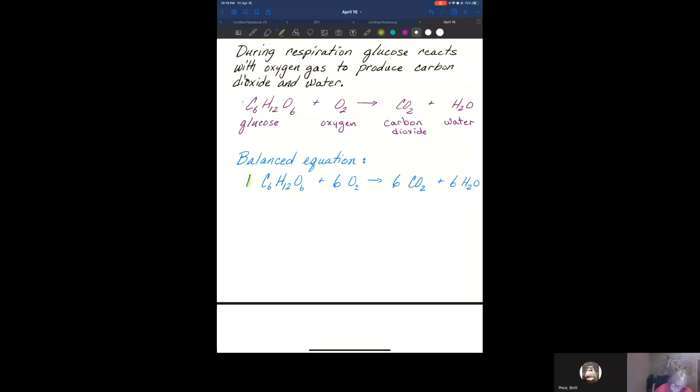Numbers out front, 1 to 6 to 6 and the 6. Those are the multipliers. Those are the coefficients. You do not have to include the value 1 if you don't want to as a coefficient. It's not necessary.